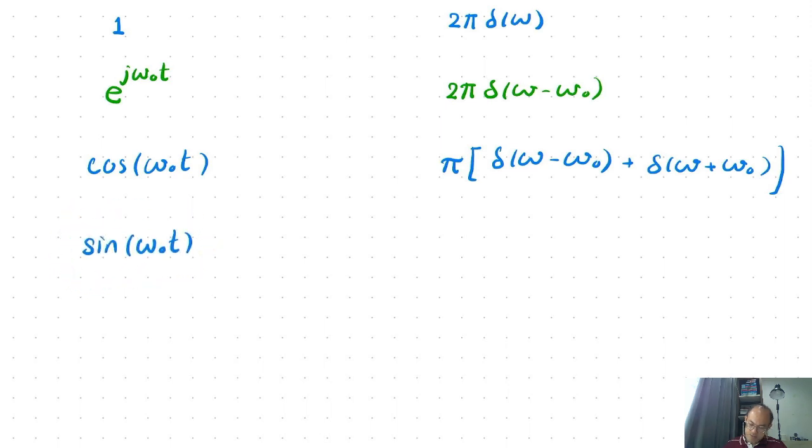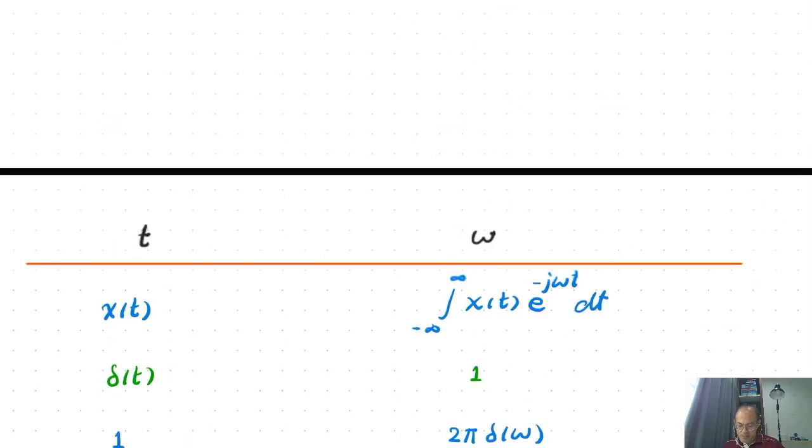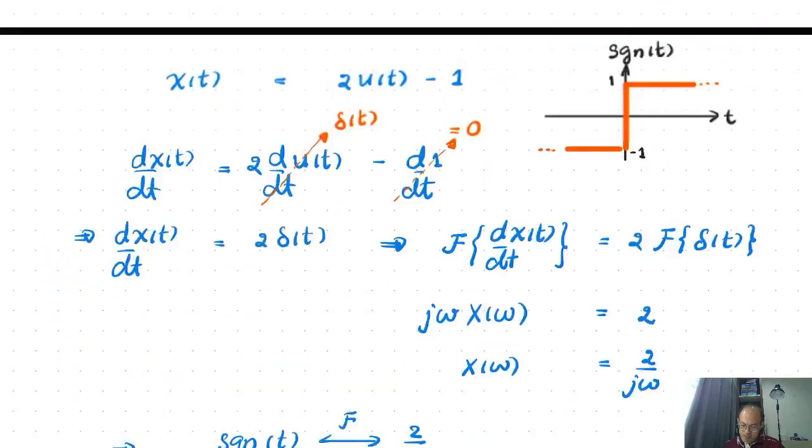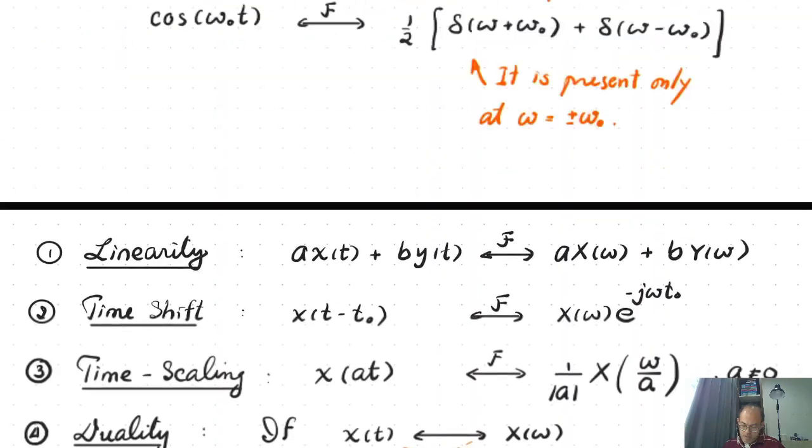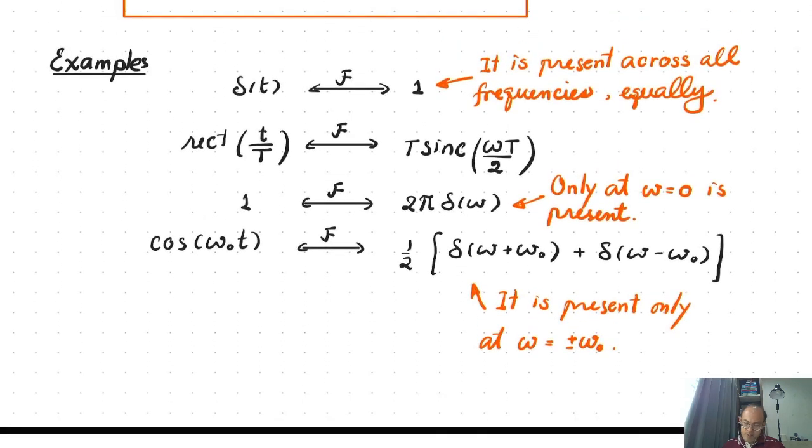The sine is pi over j times delta omega minus omega 0 plus delta omega plus omega 0. That reminds me that I think I made a mistake somewhere at the beginning of this lecture. I think it is this one. It has to be pi here at the beginning. Sorry about that.